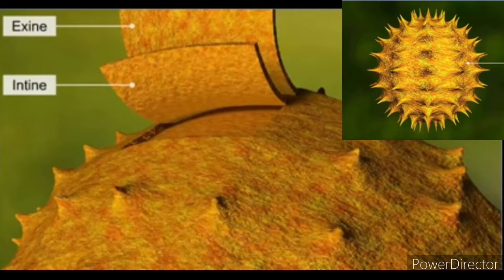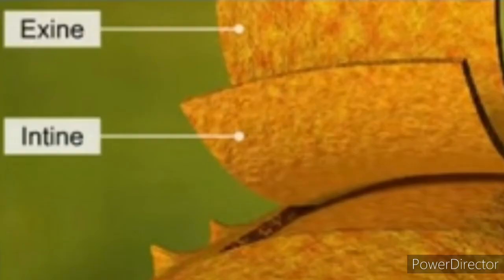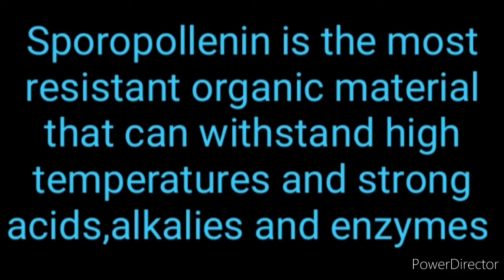First we take the outer layer. The outer layer, exine, is hard and made up of sporopollenin. Very important. Sporopollenin is the most resistant organic material that can withstand high temperature, strong acids, alkalis and enzymes.